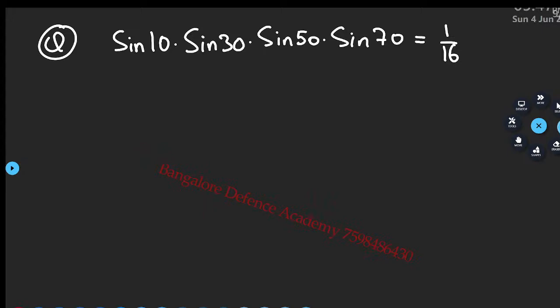So first, which formula will you use? 2 sin A sin B. So उसका क्या फॉर्मूला होगा? Cos of A minus B minus cos of A plus B. Very good. Keep doing it.